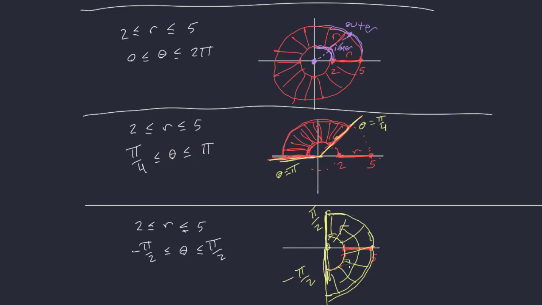So if we want this half of a disk, well, then we choose the smallest interval we can. And note, it's common to say pi over 2 to 3 pi over 2, but that would be telling us this. Right? This side would be pi over 2 to 3 pi over 2, because you're always going counterclockwise if you can help it.